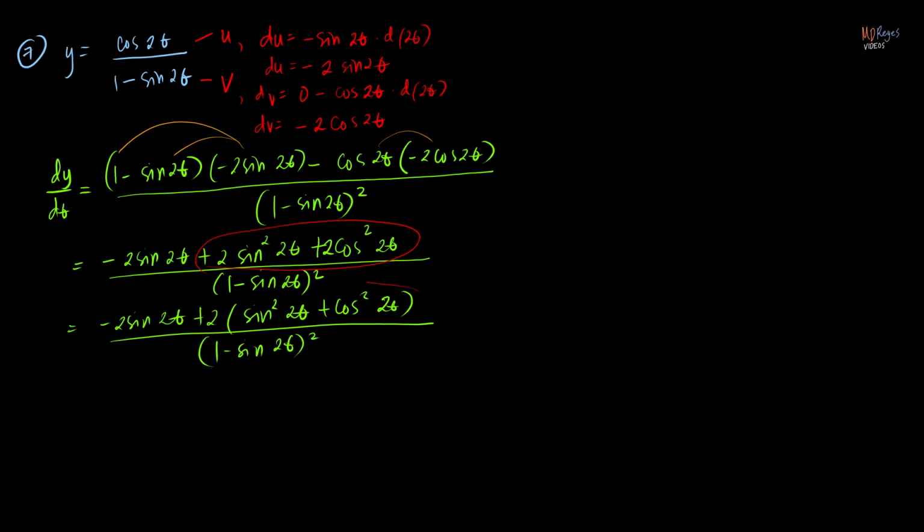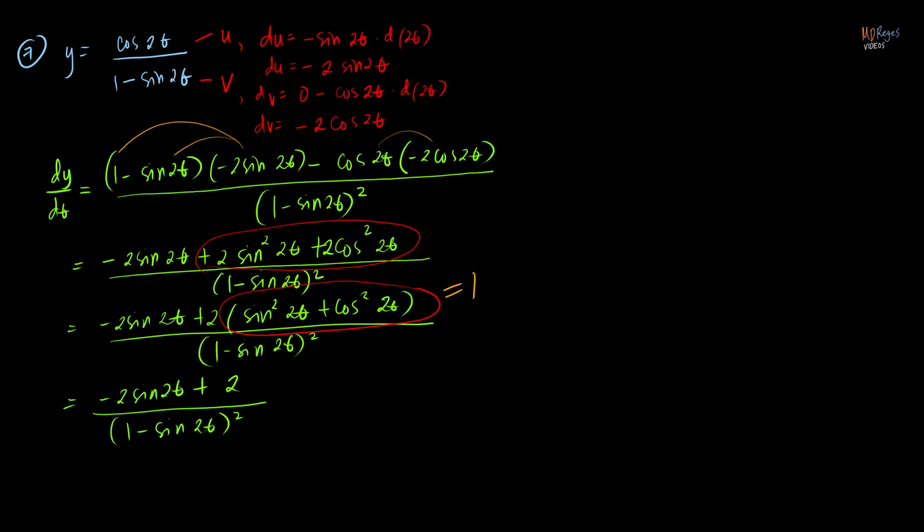And this part, according to a Pythagorean identity, the first Pythagorean identity that I gave you, is equal to 1. So it's just negative 2 sine 2 theta plus 2, because the encircled portion is equal to 1, all over 1 minus sine 2 theta, quantity squared.